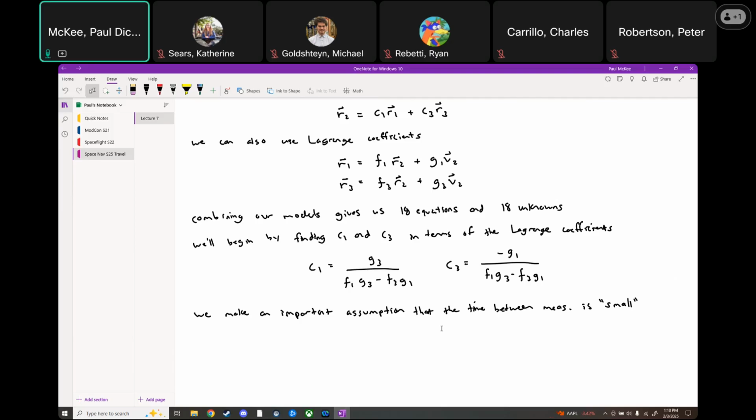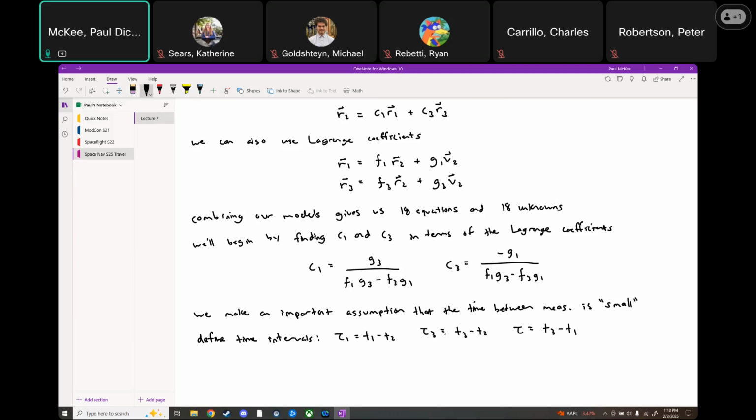We're about to linearize, we're about to drop higher order terms, so we need to assume that delta t is small. And that is exactly where we're going. We also define time intervals: tau 1 is t1 minus t2. Tau 3 is t3 minus t2, so time since the second state. And then tau is just the total gap, t3 minus t1.